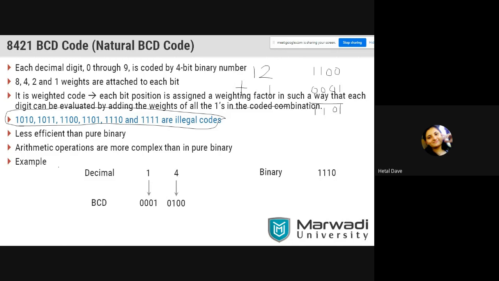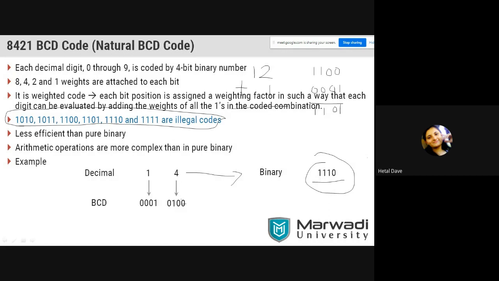So it will be 1110. Remember how we get this pattern 1110 using the division method. First chapter, first topic, decimal to binary. So this is the 14 equivalent binary using the division method. Right now it is not shown because our main topic is BCD, but for comparison this binary pattern is given. Everyone got 1110? But what is BCD?